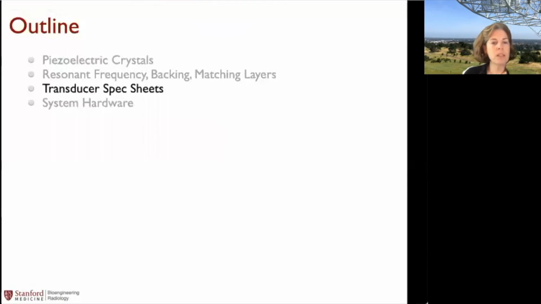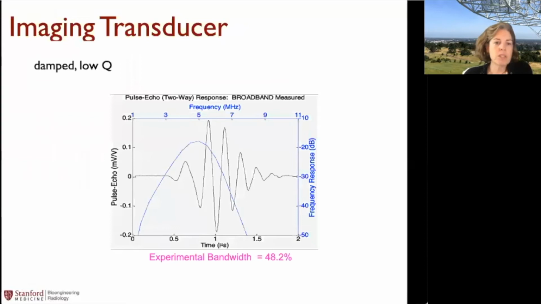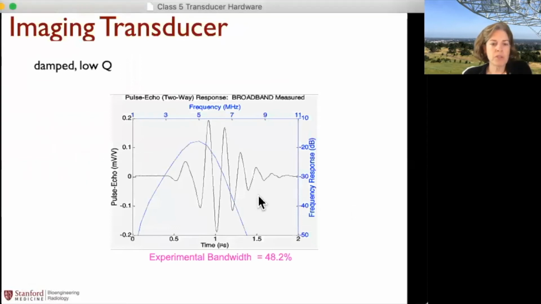All right, and then lastly here, before we go on to our tour that Keith is going to give us, is the transducer spec sheets. And what do those look like? So this is an example of what it looks like. There's two plots superimposed. In the black, we get the time signal. This is showing you the pulse echo. So if you pulse it, what does the echo look like? And you can see that there's a number of cycles here.